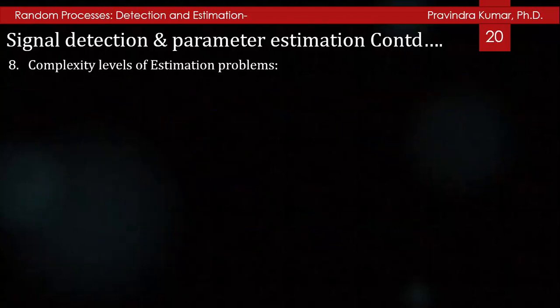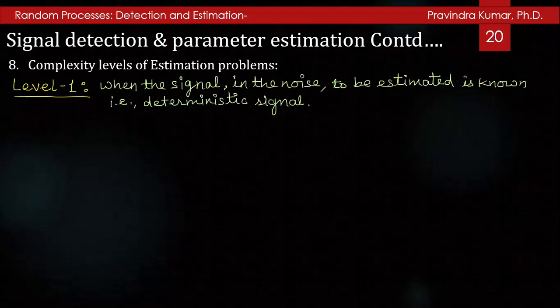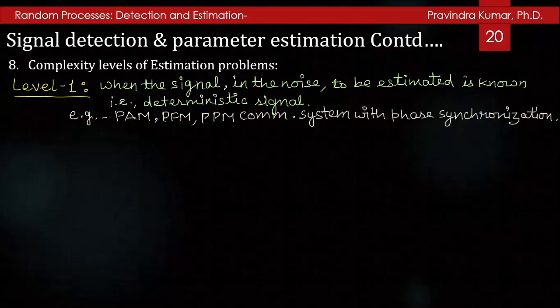And regarding the complexity level of estimation problems, there are three levels of complexity. Level first, when the signal in the noise to be estimated is known, means a deterministic unknown parameter is there to be estimated. For example, pulse amplitude modulation, pulse frequency modulation, pulse position modulation, communication system with phase synchronization.